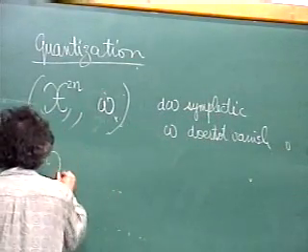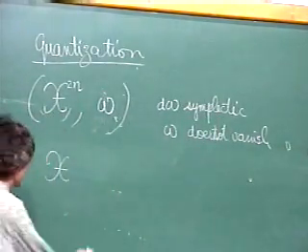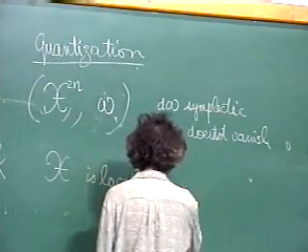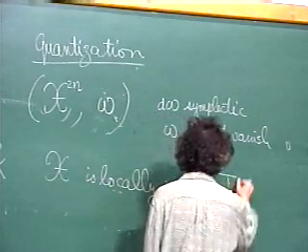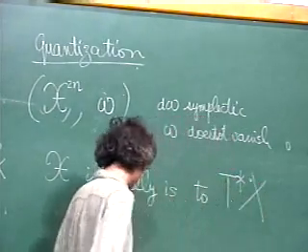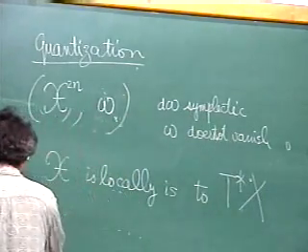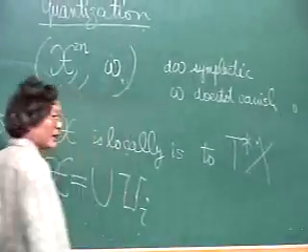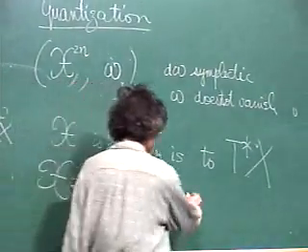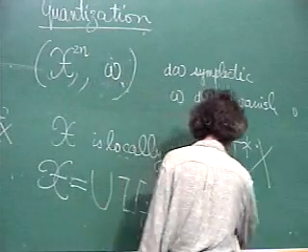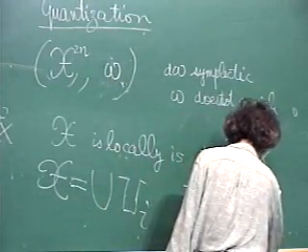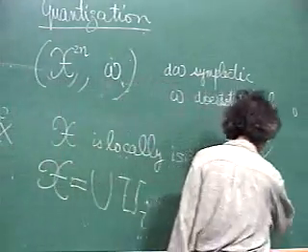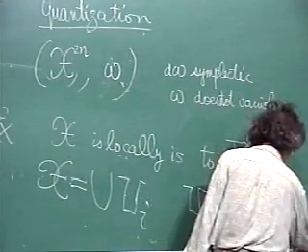So it's a classical result that X is locally isomorphic to theta X. It means you can cover this by open sets, and each cover is embedded, or is isomorphic, to an open set in the cotangent bundle for some Xi.